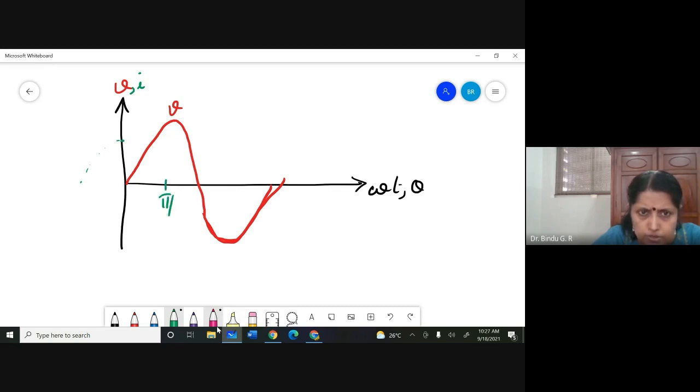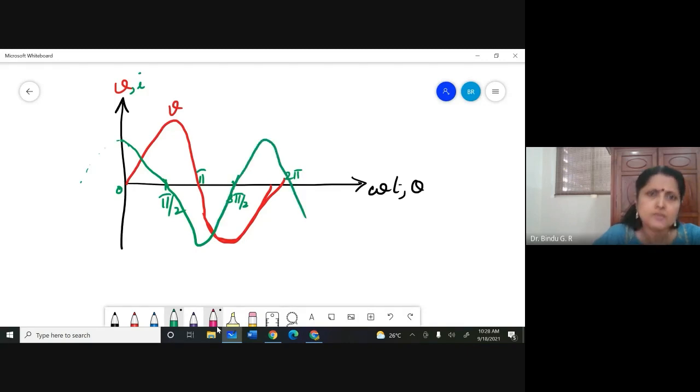So pi by 2, 3 pi by 2, 0, pi, 2 pi. So the current waveform will be like this. This is I.